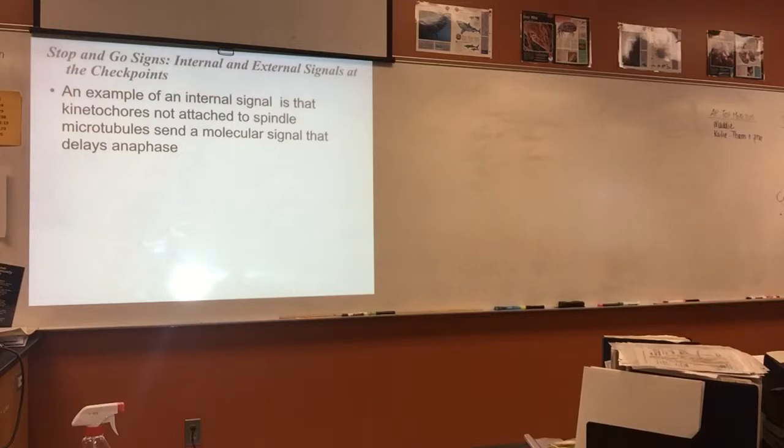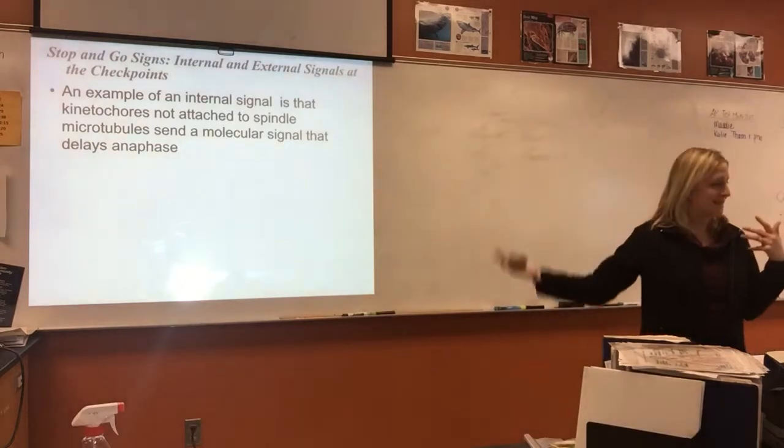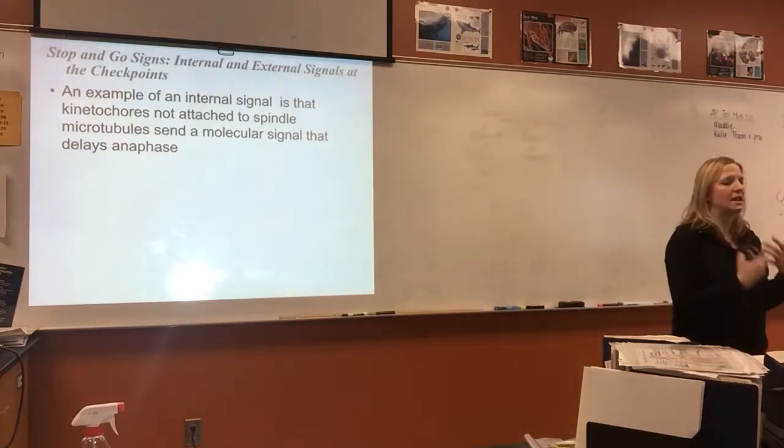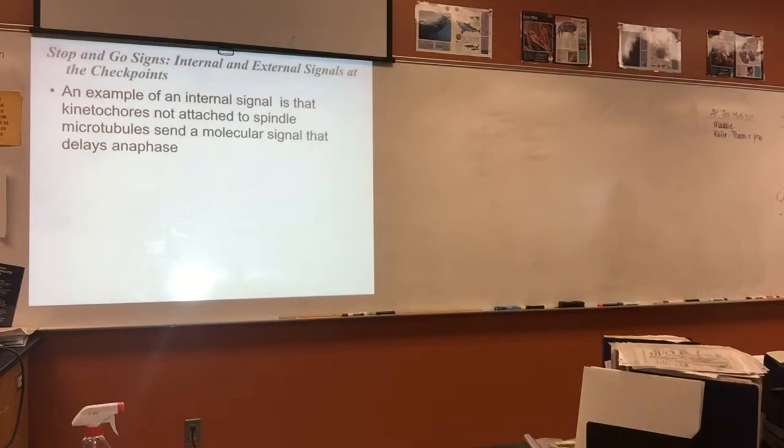Microtubules send a molecular signal that delays anaphase until the kinetochores are attached to the spindle fibers, the microtubules that attach to the chromosomes to separate the chromosomes to opposite sides of the cell. And so that's part of the M phase checkpoint, and some of those won't go beyond that. So all the checkpoints, the cyclin and the CDK are all internal signals and it's going on inside the cell to regulate and control the cell cycle.